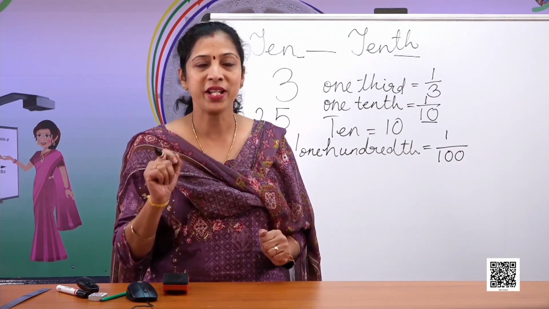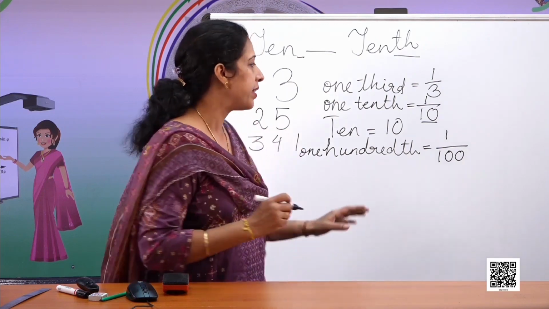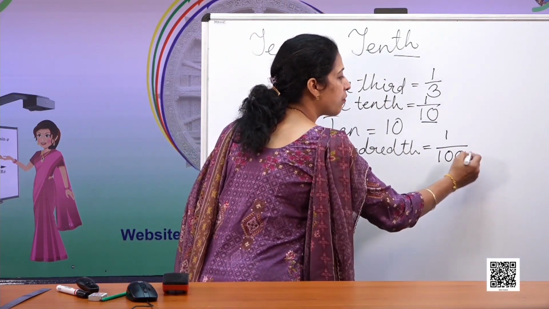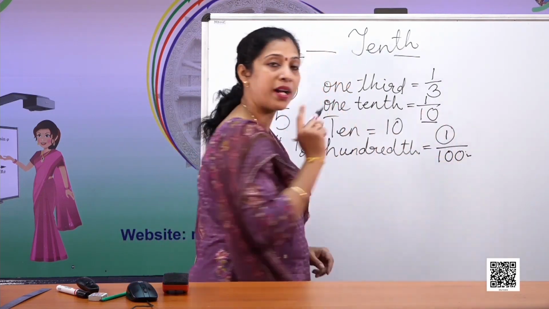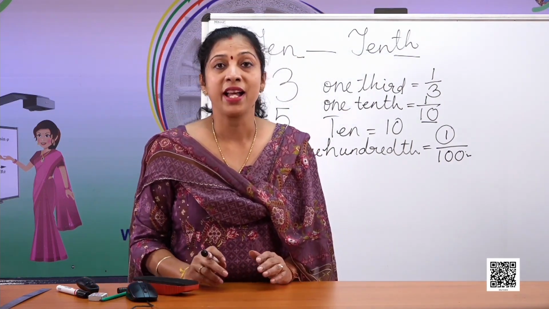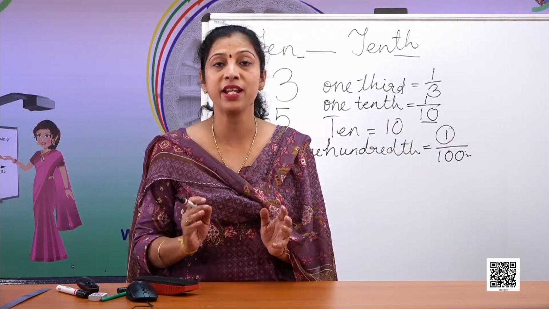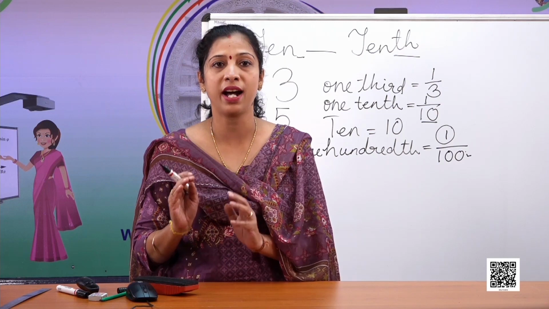If I write down 3/100th, I will write down 3 parts out of 100 parts. This is 100 equal parts, out of which one part is taken. So now you remember, tenth and hundredth are nothing but the fractions out of which we have taken 1/10 and 1/100th.